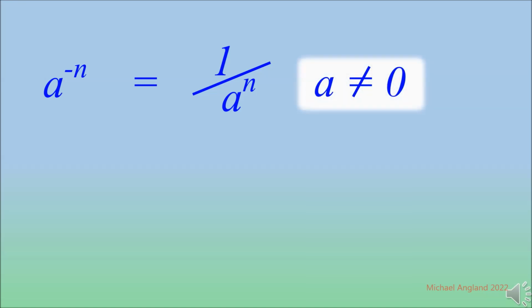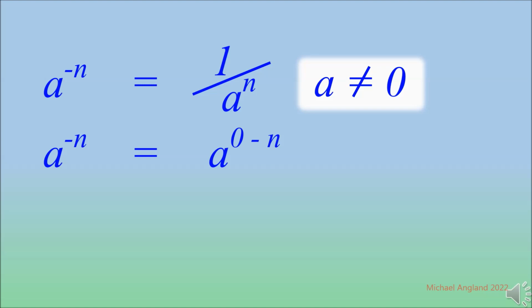Fourth rule, a to the power of negative something is equal to 1 over a to the power of the negation of that index. So a to the minus n is equal to 1 over a to the n, where a is not 0. Why is that? Well, a to the power of negative n is equal to a to the power of 0 minus n.